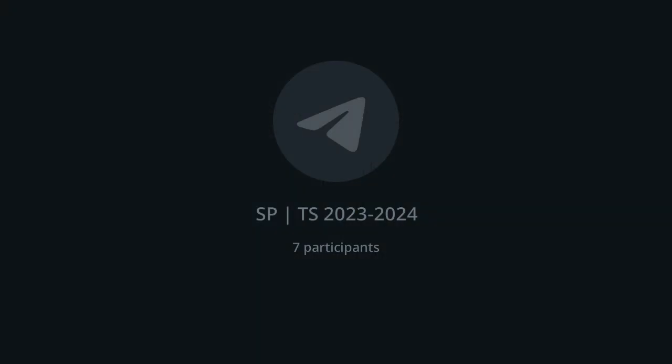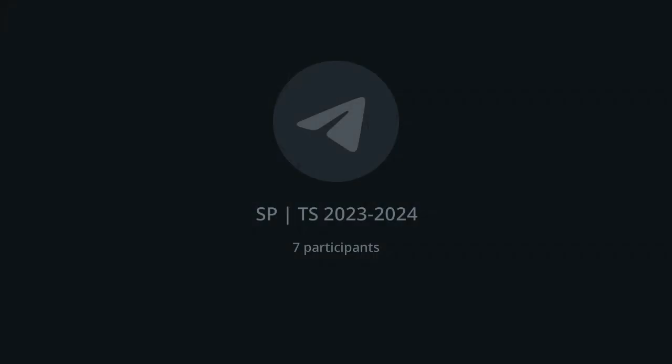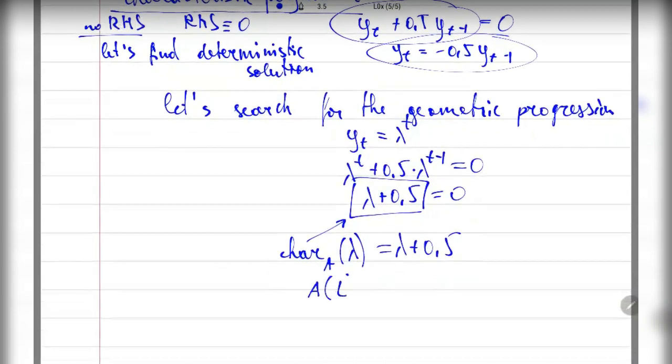That's very similar to the lag polynomial, but with the order inversed. If I consider the lag polynomial A of L, it is 1 plus 0.5 L, and the characteristic polynomial is very similar, but the power increases in the opposite direction.